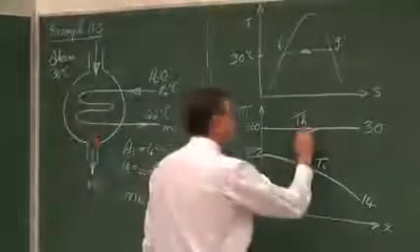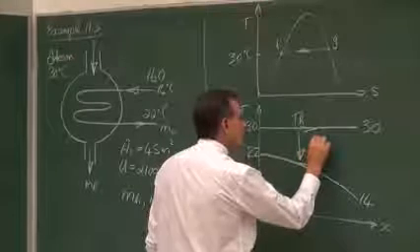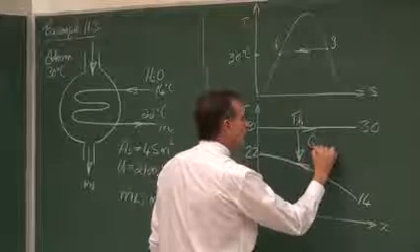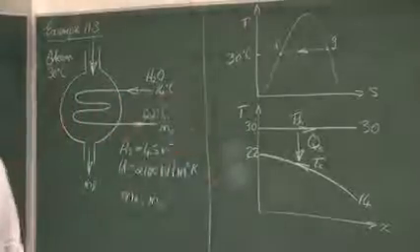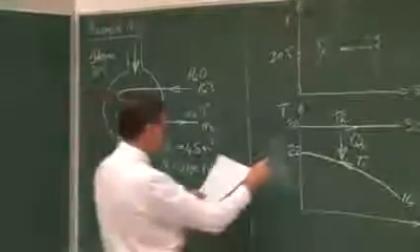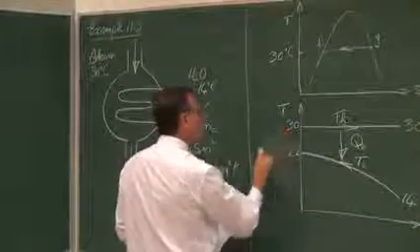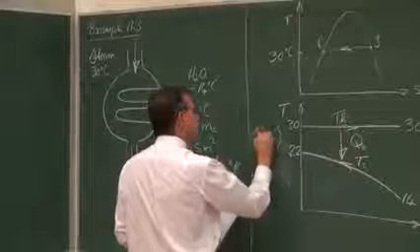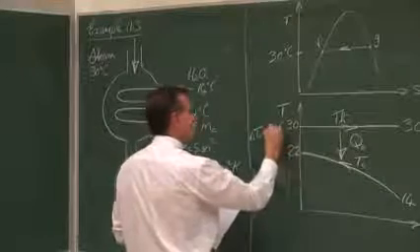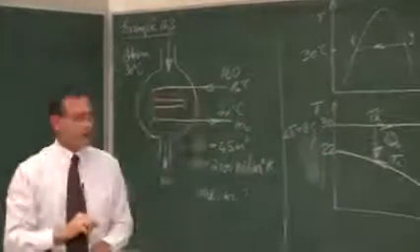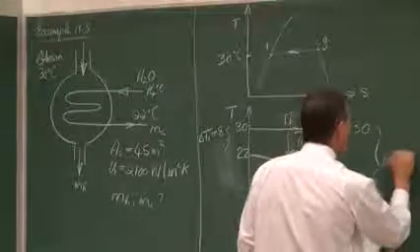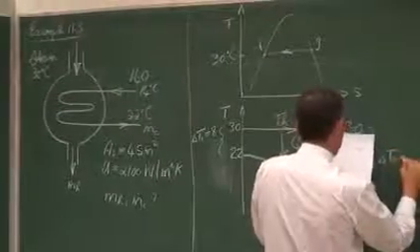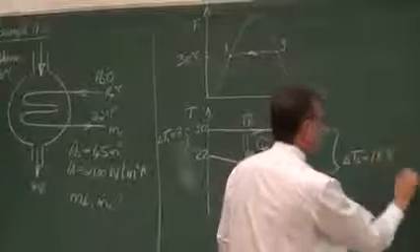So the heat transfer rate is obviously going to be from the steam to the water. That is going to be the direction of heat transfer. And on this side, we have, let's call it delta T1, which is this temperature change, which is 8 degrees Celsius. And on this side, we have delta T2, which is equal to 16 degrees Celsius.